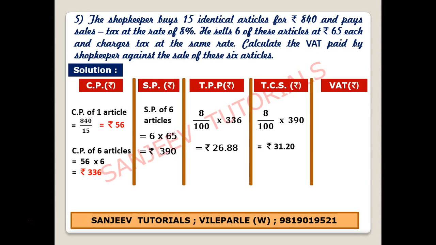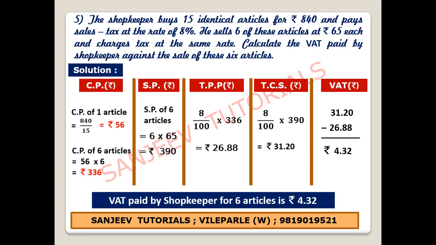VAT is tax collected from sale minus tax paid on purchase, which is equal to 31.20 minus 26.88, which gives us rupees 4.32. So VAT paid by shopkeeper against the sale of these 6 articles will be rupees 4.32.